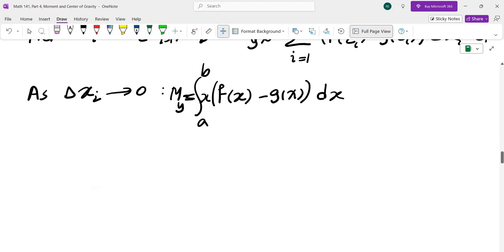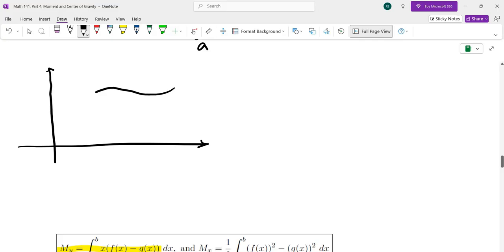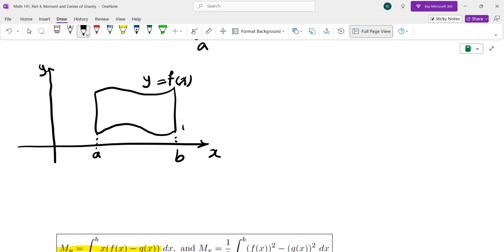Now let's also do the moment relative to the x-axis. For moment relative to the x-axis, let me draw the diagram again. I have two functions here, and again bounded between a and b. Top one is f of x, bottom one is g of x, and I have a sliver here.